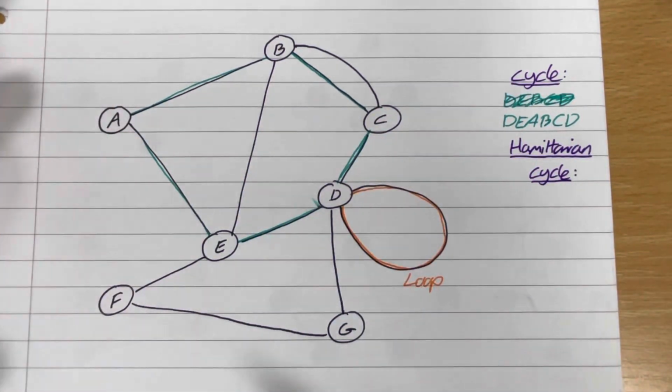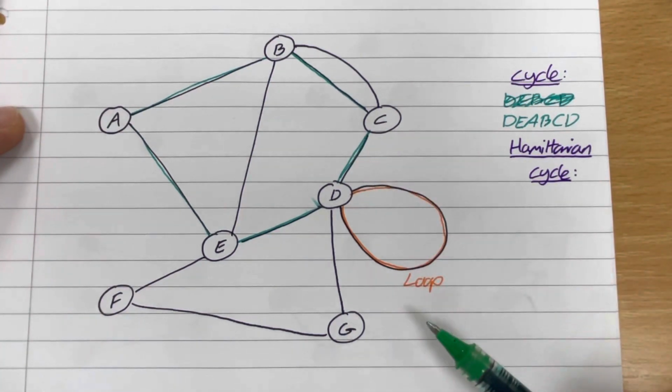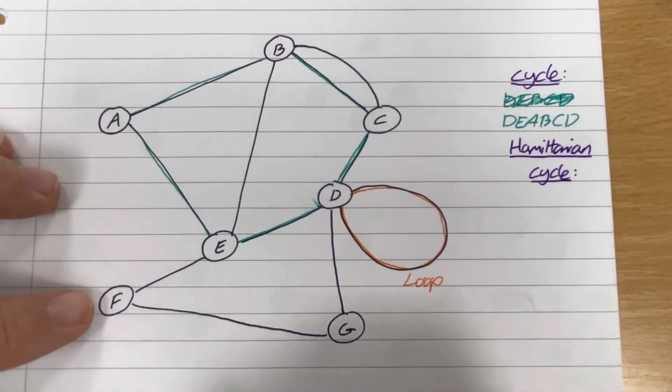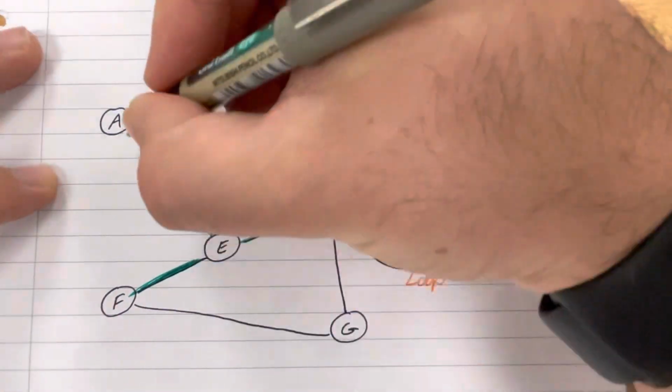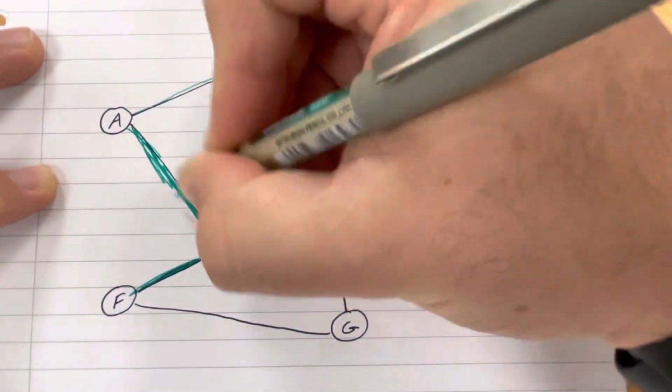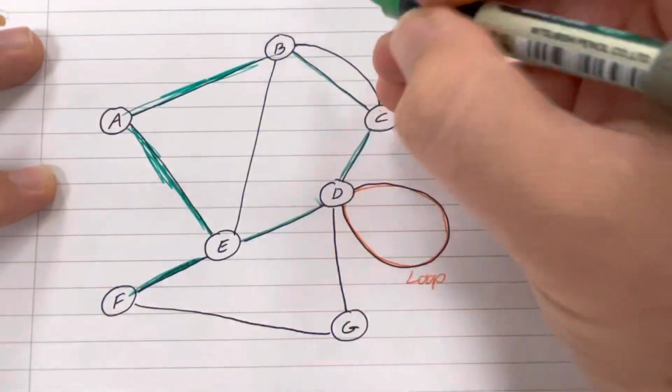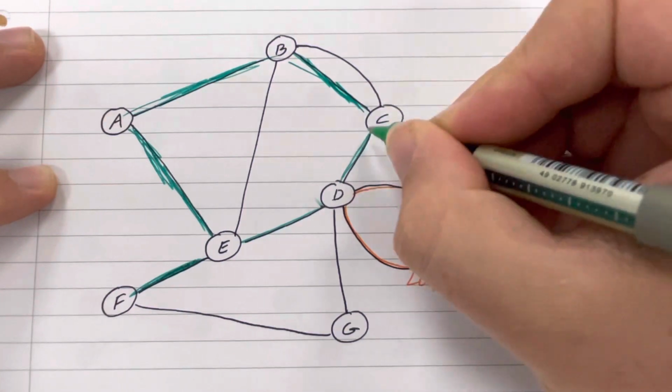Can you spot any other cycles in this graph? There is one, or a few particular ones. Let's go this way, and then up there, and then across up there, down there, down there.